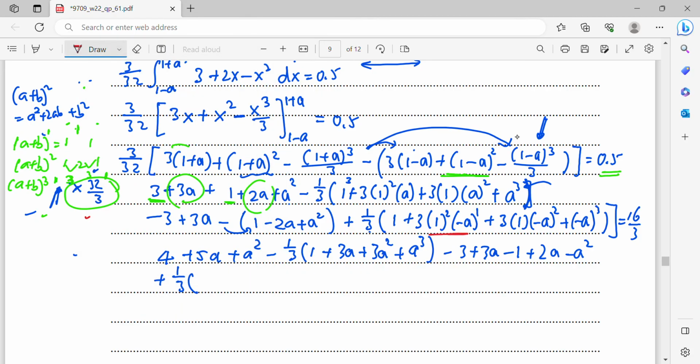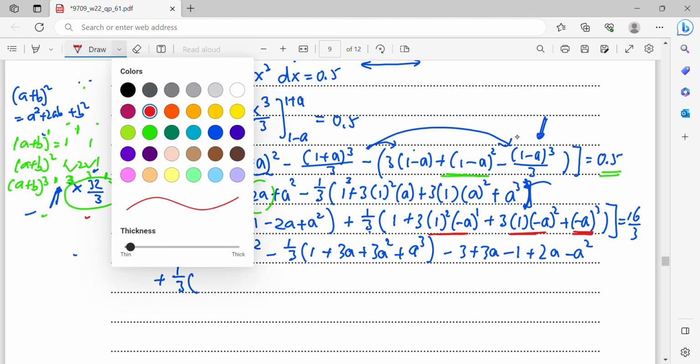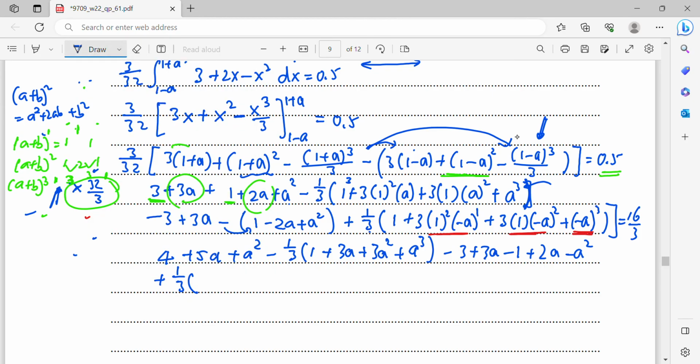So be careful with this minus. Right? So my first term is 1. But the second term, because of the minus a, I will get minus 3a. Then the third term minus a squared, it becomes a squared. So a squared multiplied by 3, it will be plus 3a squared. Lastly, cube of minus a, it will be negative a cube. Then right hand side is 16 over 3.